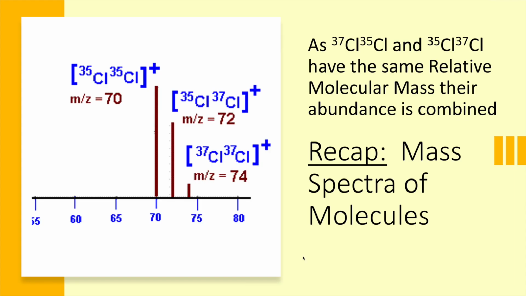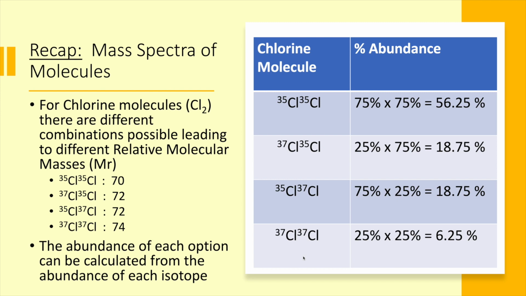So here we've got the mass spectrum of chlorine molecules, so Cl2, and you'll see that Cl-35 is still the highest. That's because of that higher ratio that we saw there, 56.25%, still larger than the combination of those 2 18.75%.